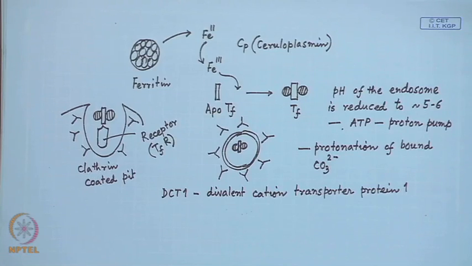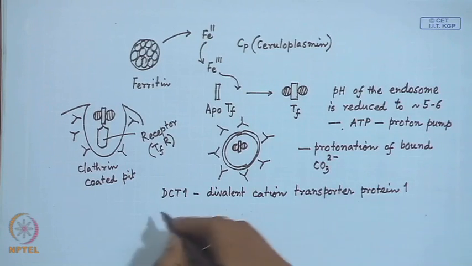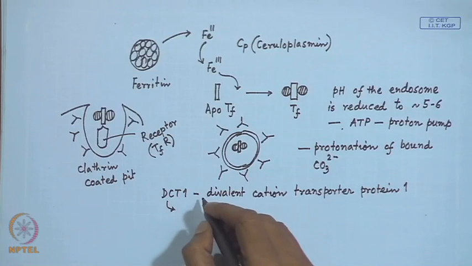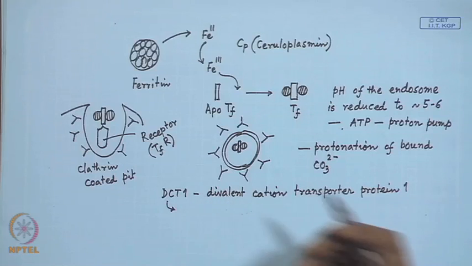There are several of them present. So, DCT1 is coming into the picture. So, this DCT1 will transfer this iron out of the endosome into the cytoplasm.